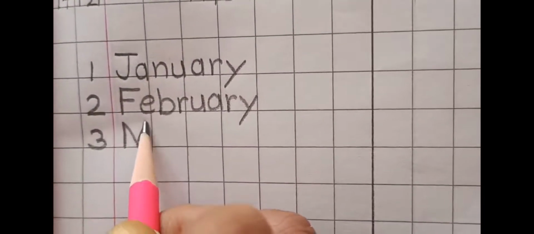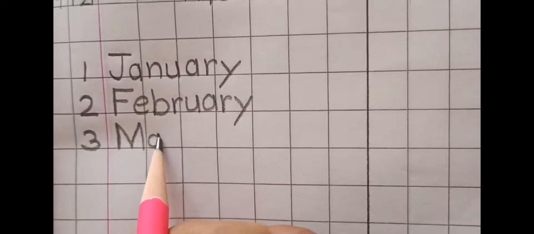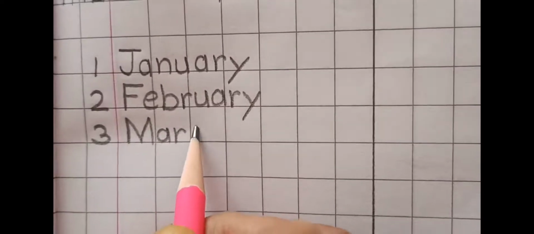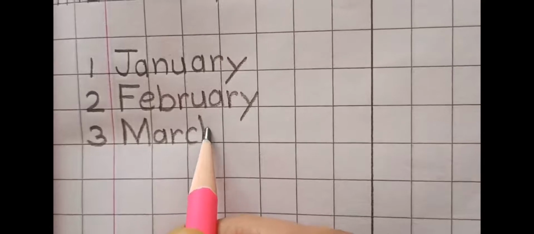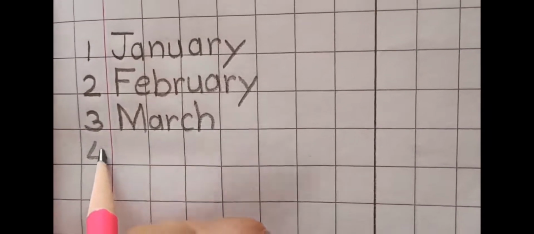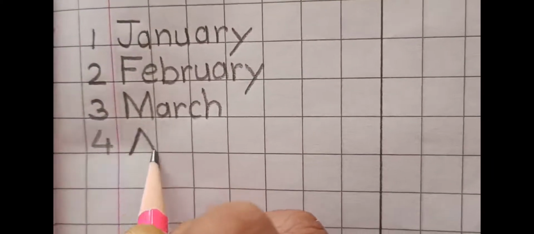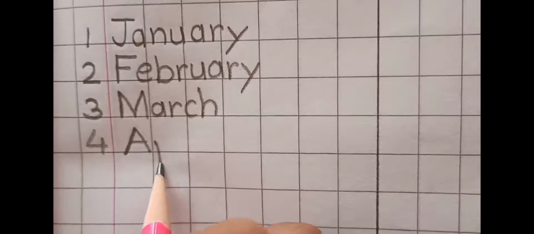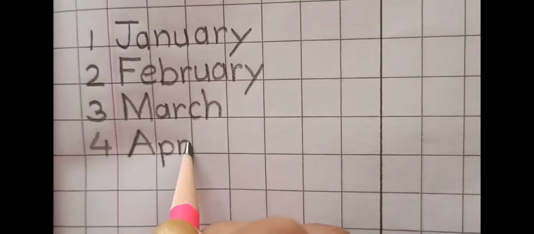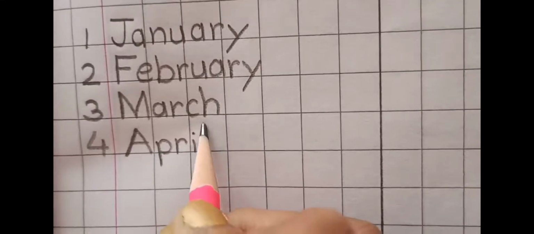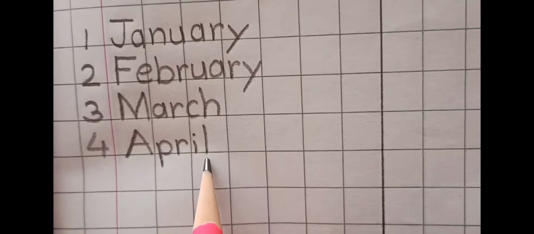Capital M, a, r, c, h, March. Fourth month is April. Capital A, p, r, i, l, April.